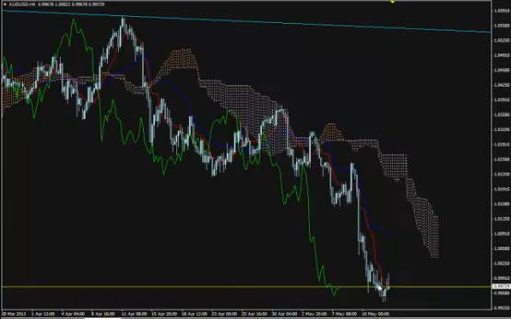which it is right now, because we have a pointing down edge of the bearish leading Kumo.